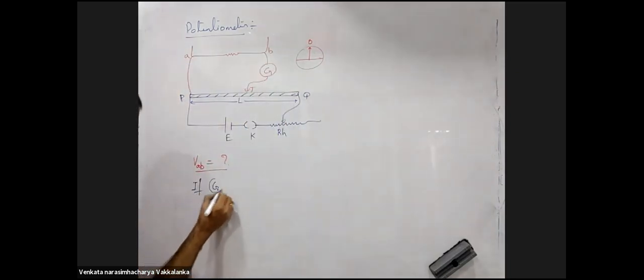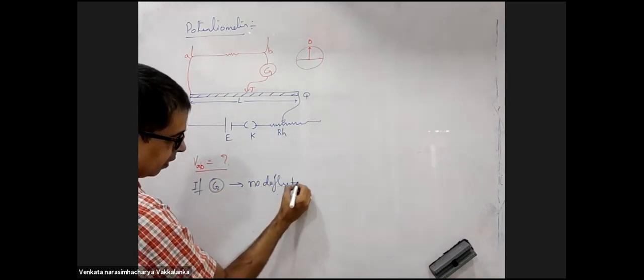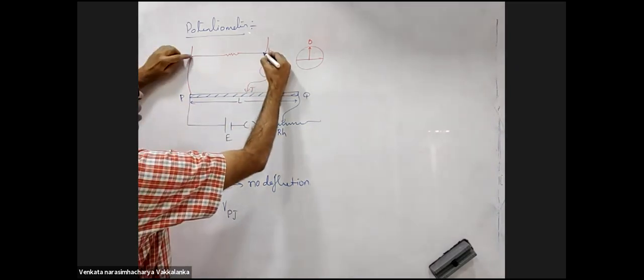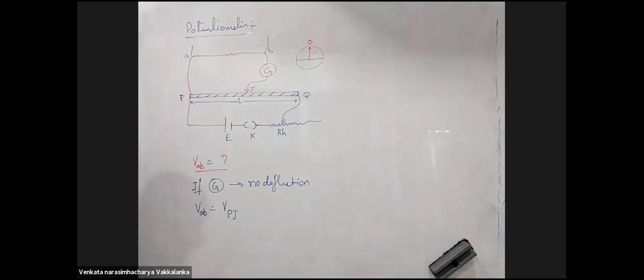If the galvanometer shows no deflection, then the potential across AB will be equal to the potential across PJ. Do you agree with that?